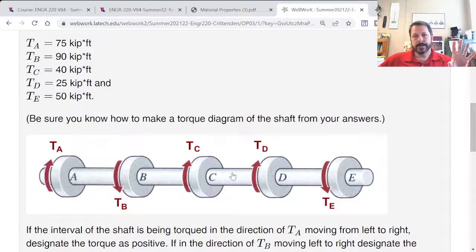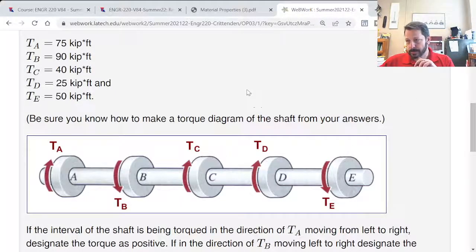So when you visualize this shaft, try not to think about it deflecting, flexing, pulling or compressing. You're really just thinking about pure torsion here.